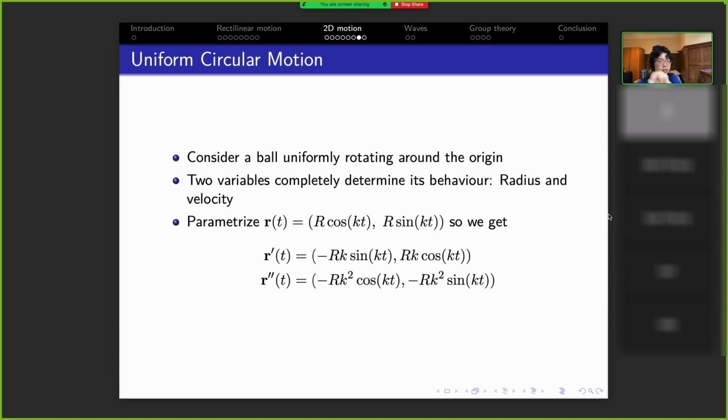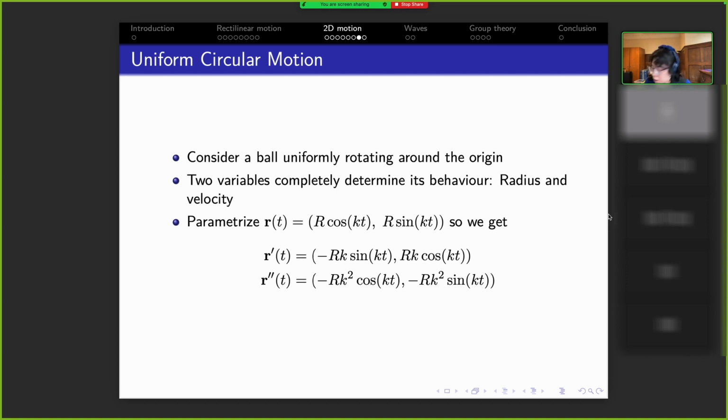The radius and the angular velocity completely determine the behavior. If I ask you to describe uniform circular motion, there's only two things you can change: the radius, or how fast the thing is going. Once you know those two things, you know everything.